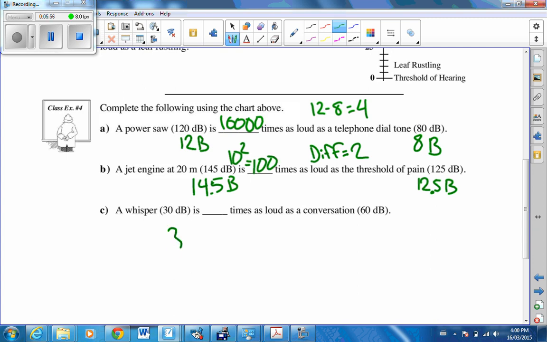Whisper of 30 and conversation 60. You might be inclined to say, well, it's half as loud. In actuality, though, it's 3 minus 6 is negative 3, so it's 10 to the negative 3 times as loud, or 1 over 10 to the 3, which is 1 over 1,000.